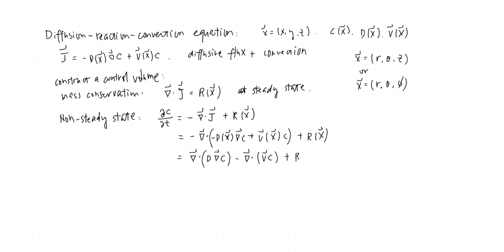The x bar, the vector form, just means it's the 3D coordinate system, depending on which coordinate system you are using.